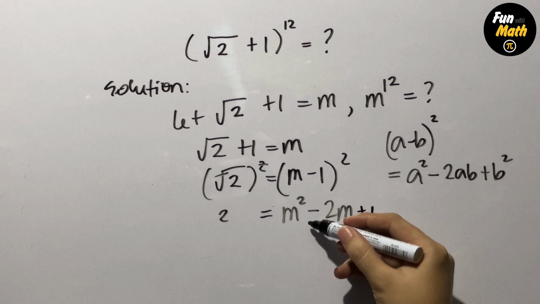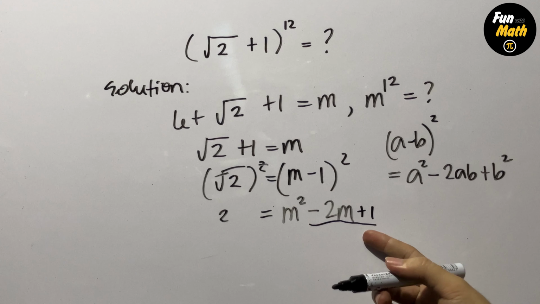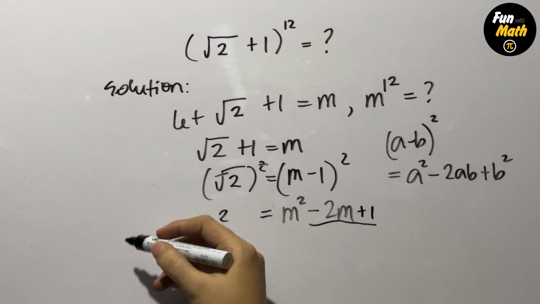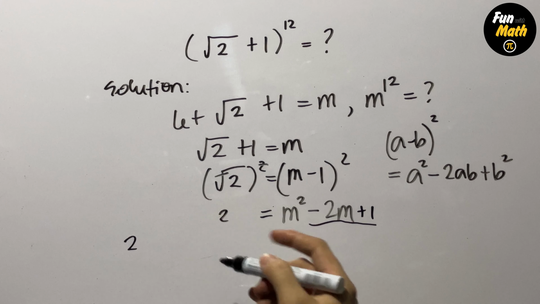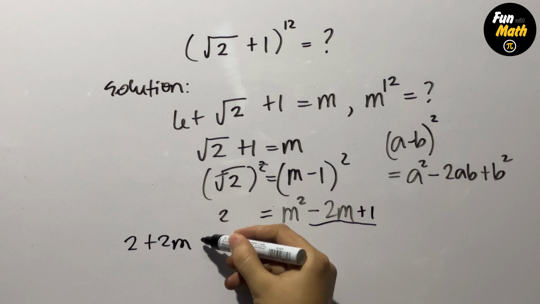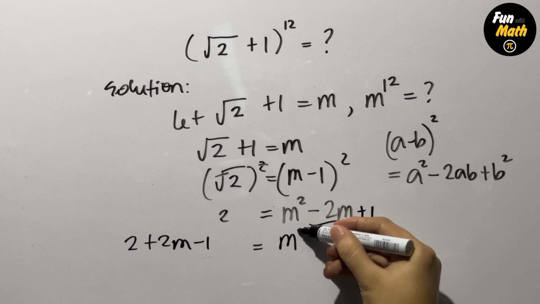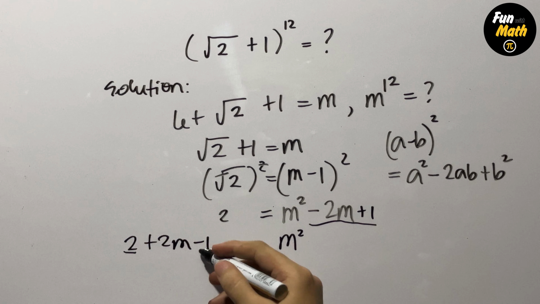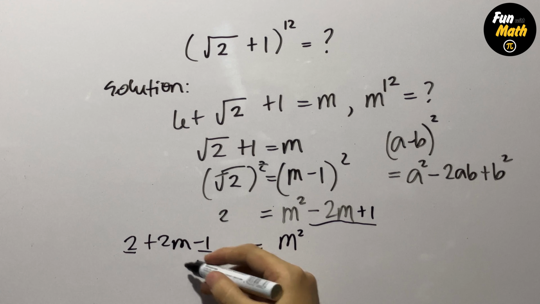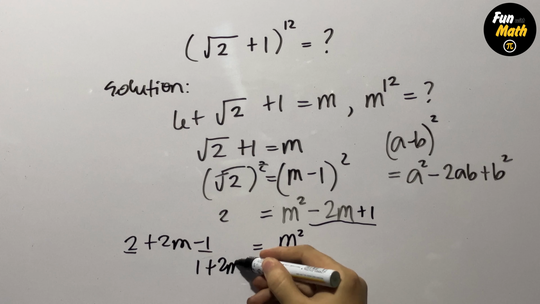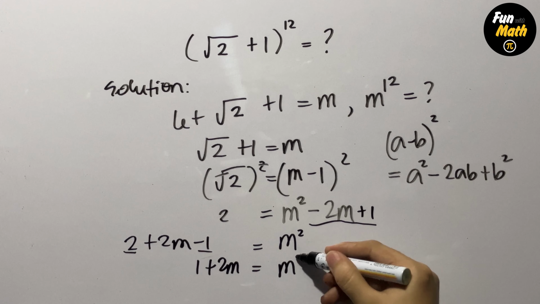Next, this minus 2m plus 1, let's take this to the other side. So this is now 2 plus 2m minus 1 equals, we're left here with m squared. So 2 minus 1, that is 1, plus 2m equals m squared.